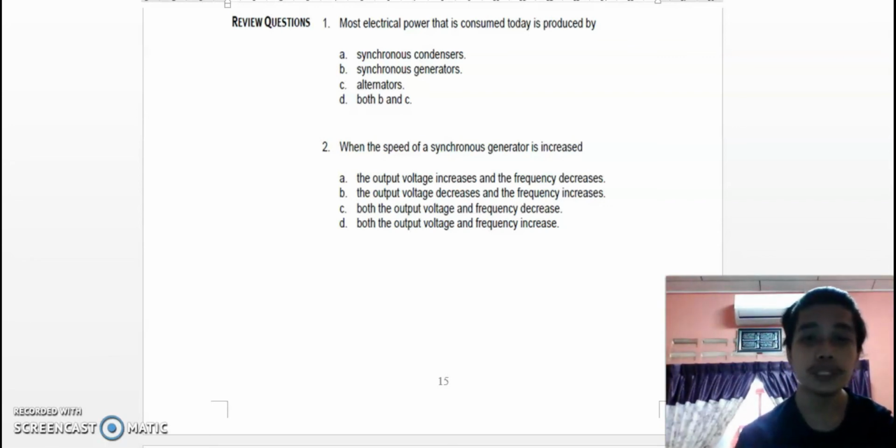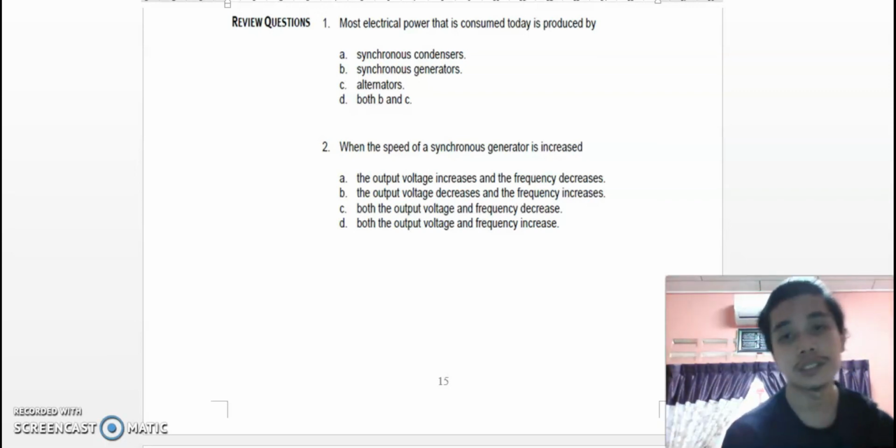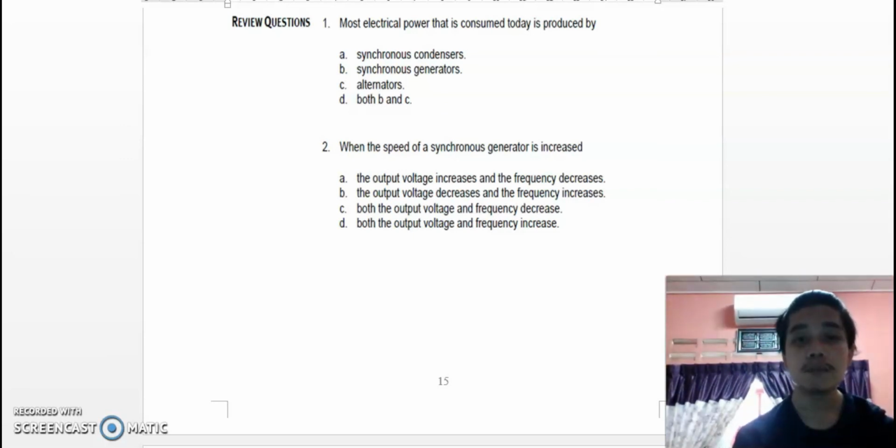B, the output voltage decreases and the frequency increases. Also not the answer. C, both the output voltage and frequency decrease. C is also not the answer, it should be increased. Lastly, D, both the output voltage and frequency increase. Yes, this is the answer we're looking for. So the answer is D for number 2.